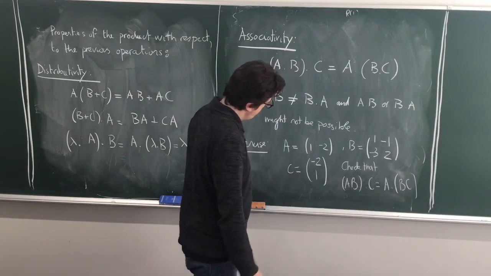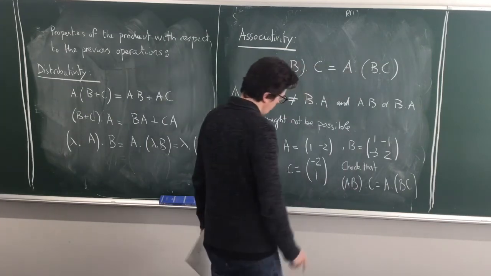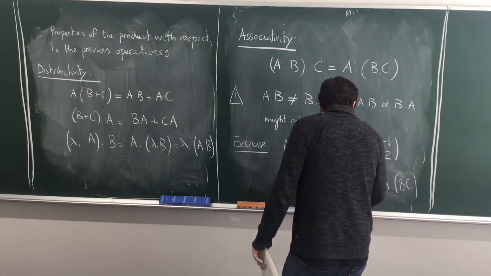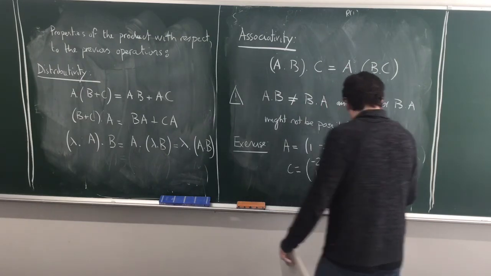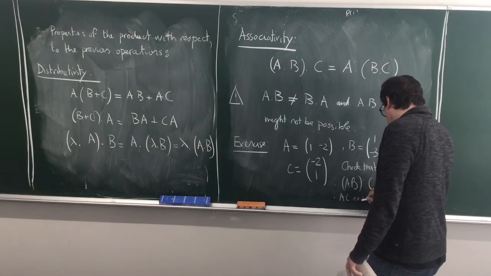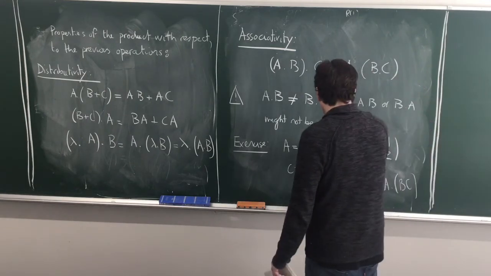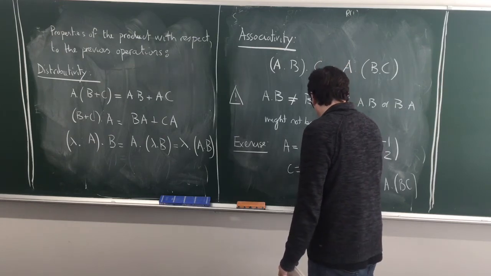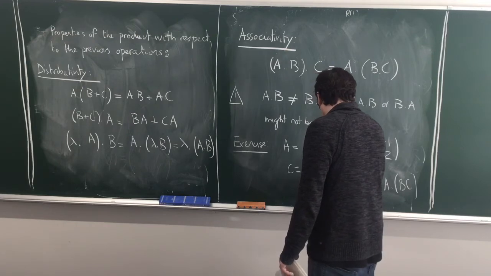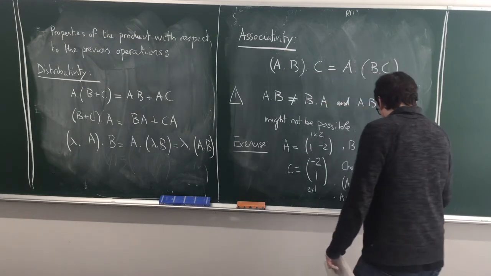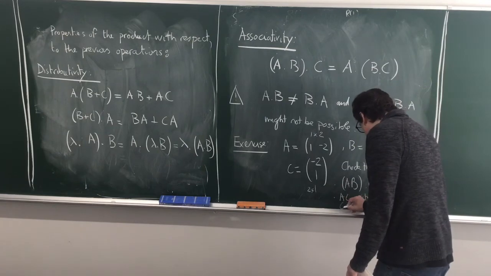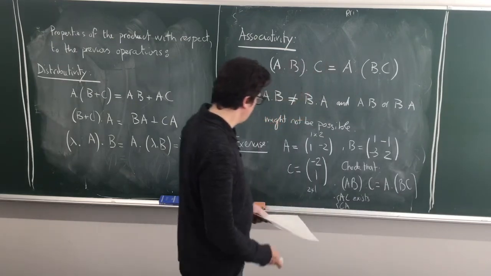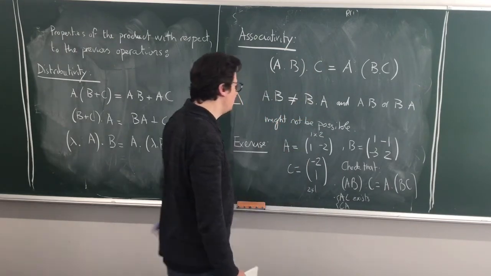You will check also that AC exists. It exists because, you see, here it's 1 row times 2 columns, and here I have 2 rows times 1, so this is fine. And CA also exists. Right, try to check this.